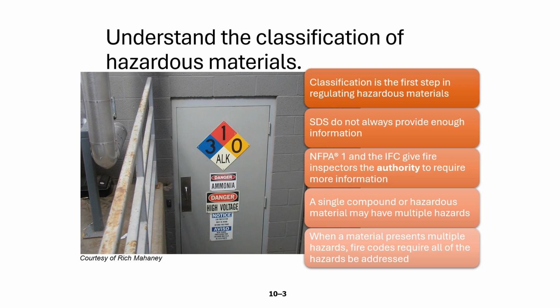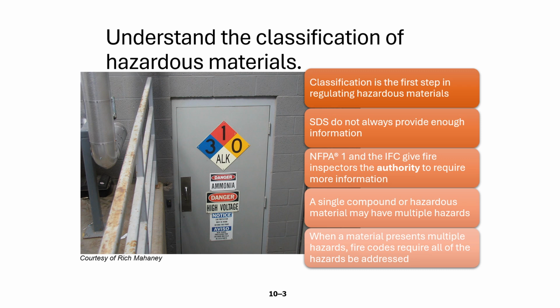So first thing we can go to is the safety data sheets. It's a great start, but it doesn't always provide enough information to allow you to properly classify hazardous materials.